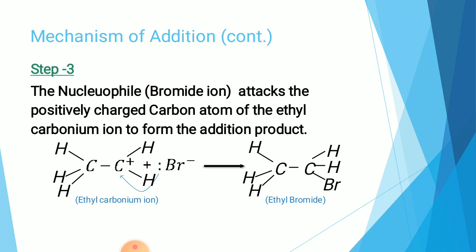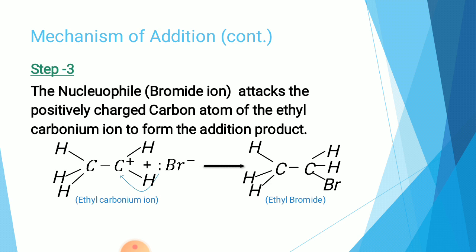So in step 3, what happens? The nucleophile, here the negatively charged bromide ion, attacks the positively charged carbon atom of the ethyl carbonium ion to form the addition product. So finally we have the intermediate, ethyl carbonium ion.